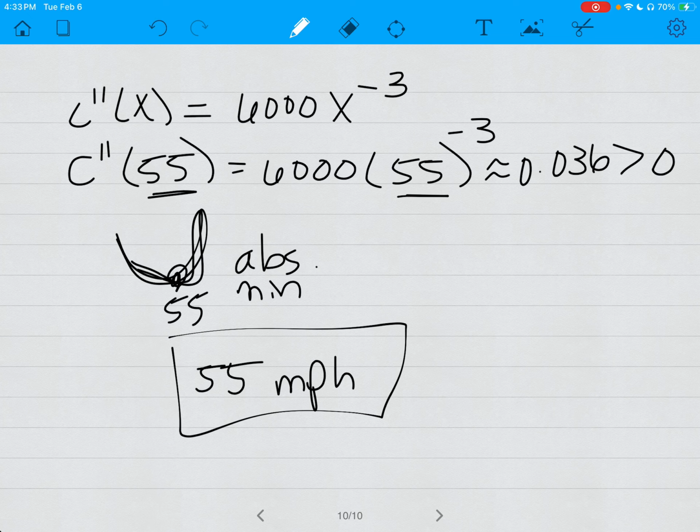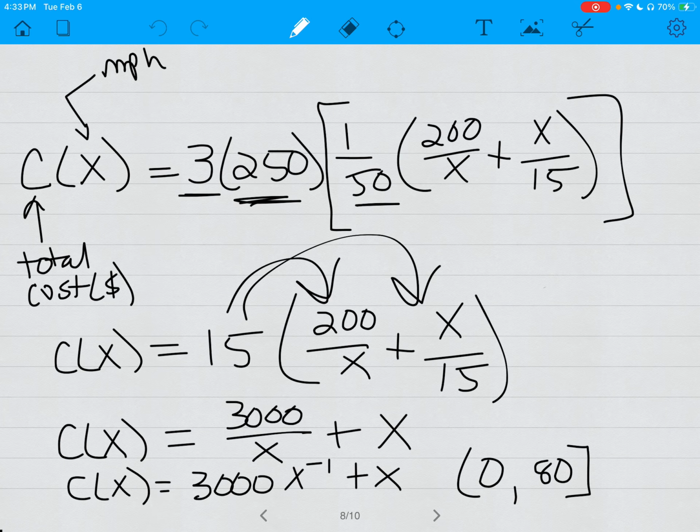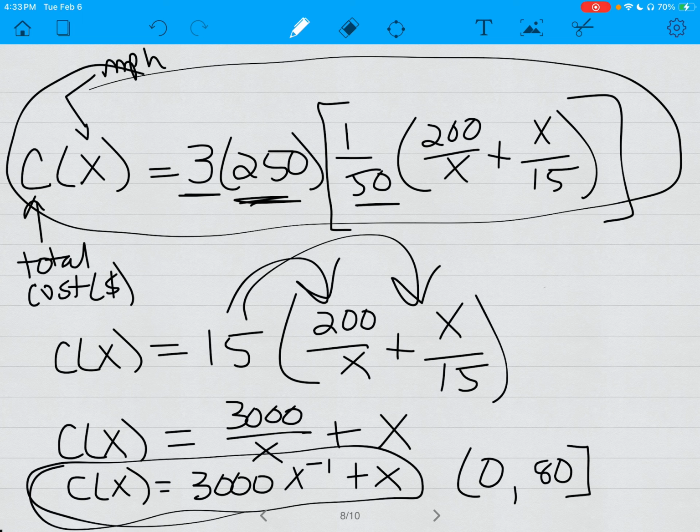We could then, if we wanted to actually find the total cost that represents, go back to our total cost function over here and plug in, well, actually, when we simplified it, it was this, right? There's the simplified version. If we plug the 55 into that, that'll tell us what the total cost would be.